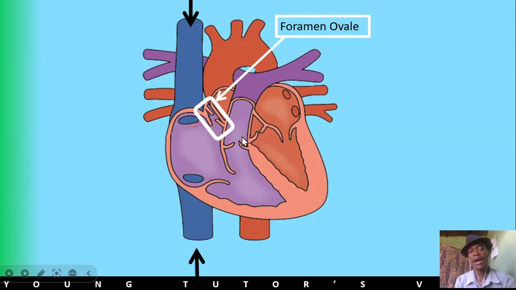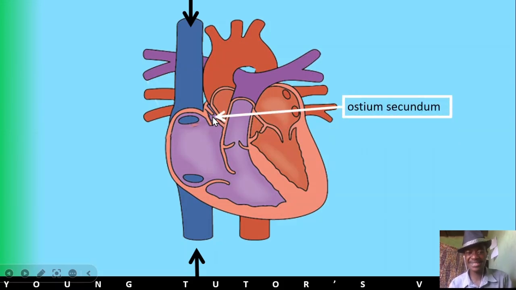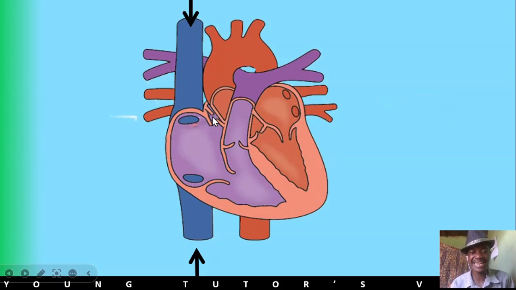Now this foramen ovale consists of the septum primum, that one there, and this septum primum contains a hole over here. This hole is called the ostium secundum. Another thing that the foramen ovale contains is the septum secundum.